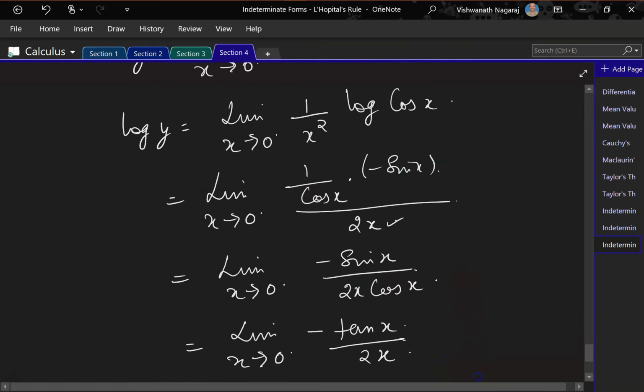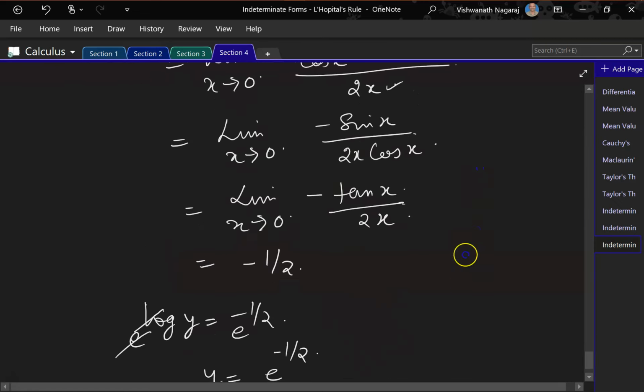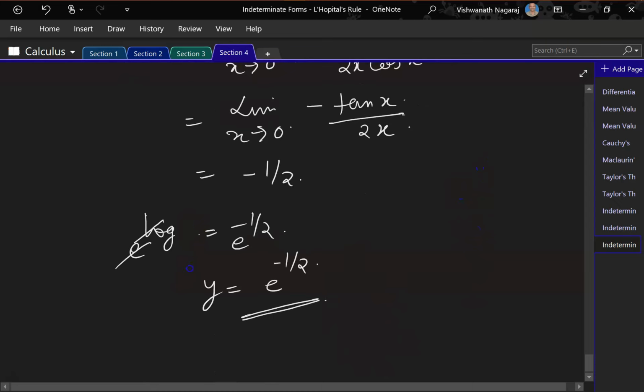Since we are talking of finding a limit, ideally we should say L is equal to, because that is what stands for limit. So it becomes much more natural to say that the limit is equal to e to the power of minus 1 by 2.